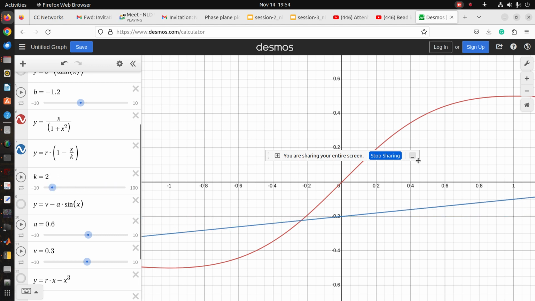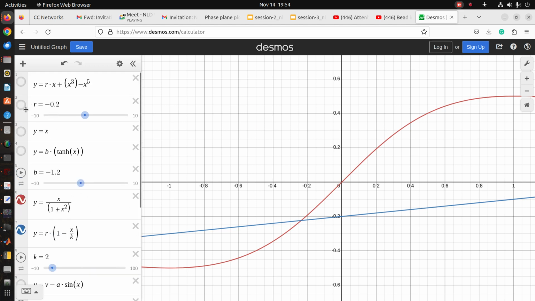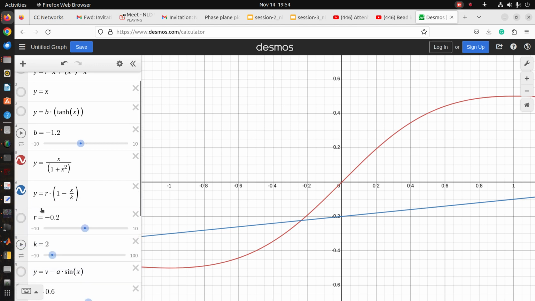Yeah, so you can see the screen here. The blue color represents r(1 - x/k), and we will bring the r value also here.